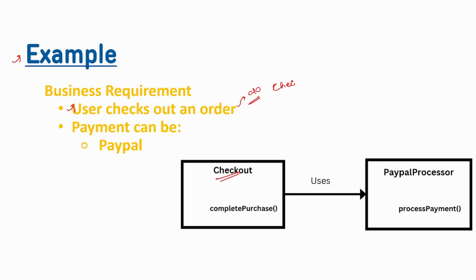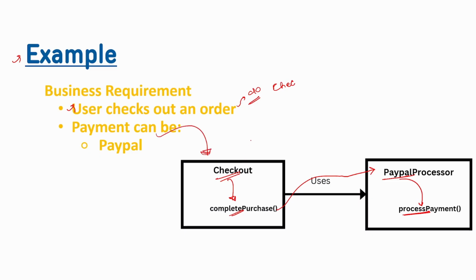First, we have a Checkout class with a method called completePurchase, which delegates the responsibility of payment processing to another class known as PaymentProcessor, in which there is one method, processPayment.